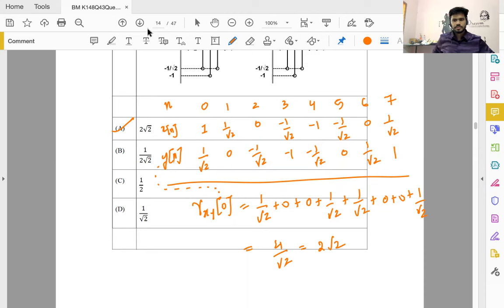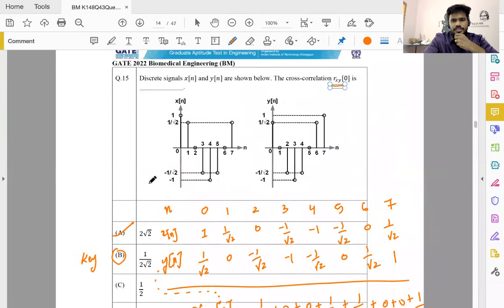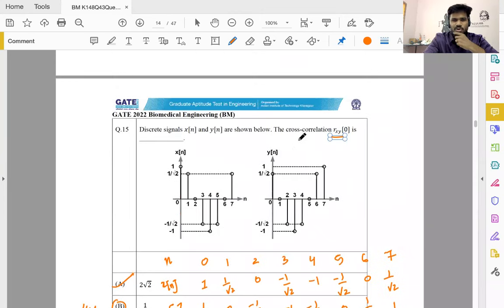At least this we should be able to do. Okay, I expect some help from the other side. I mean, if we don't get the answer key, we should raise an issue. Answer key says B. Okay, key. Again, I look for traps and all that. This is cross correlation, not normalized cross correlation, nothing like that.